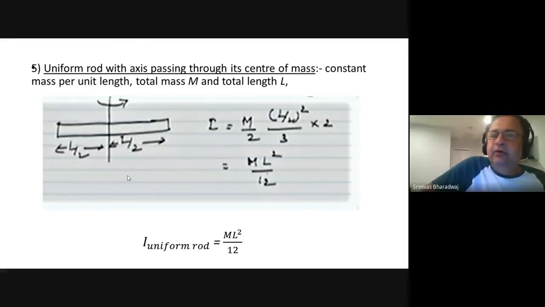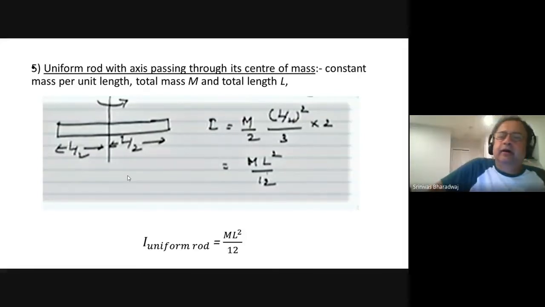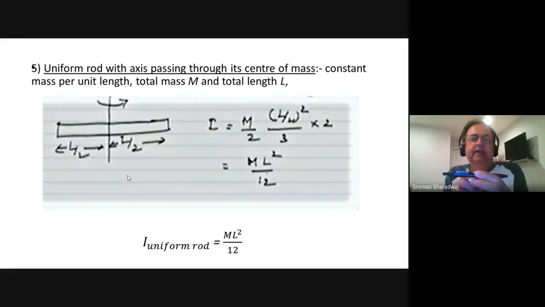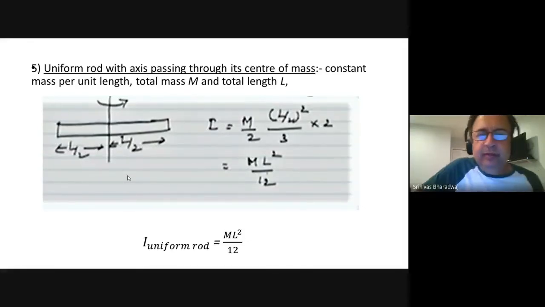Therefore, you have m by 2 and m by 2, so times 2. That's how you end up with 3 times 4. And then the whole thing, you have this side and that side, therefore you have twice that. So you have m by 2 times L square, therefore you have ml square by 12.